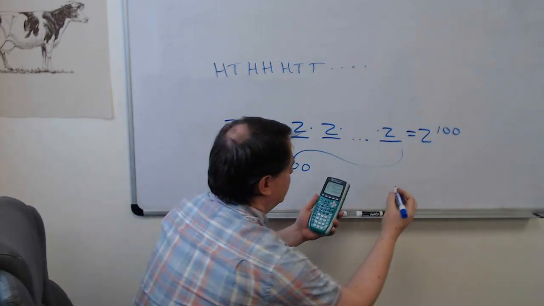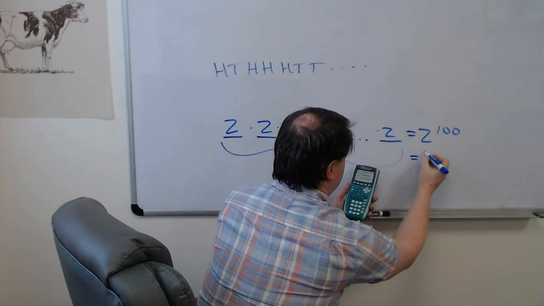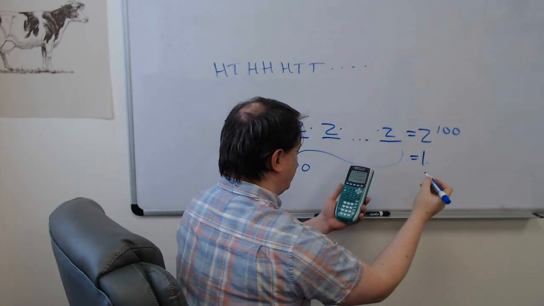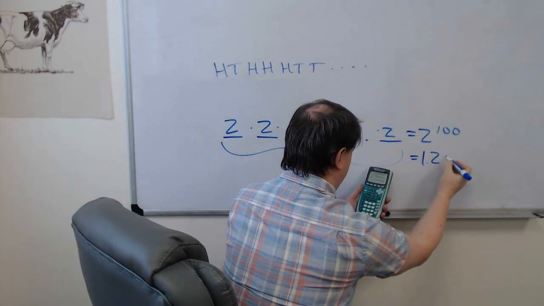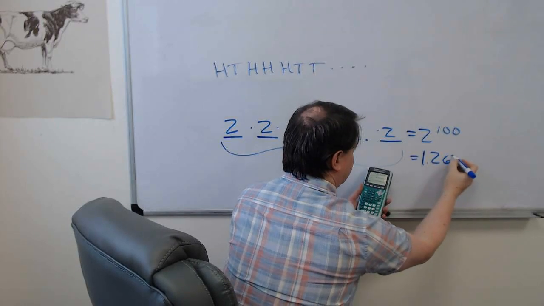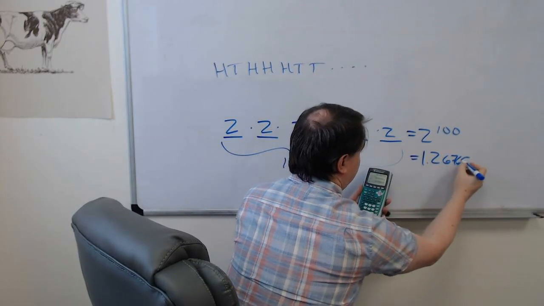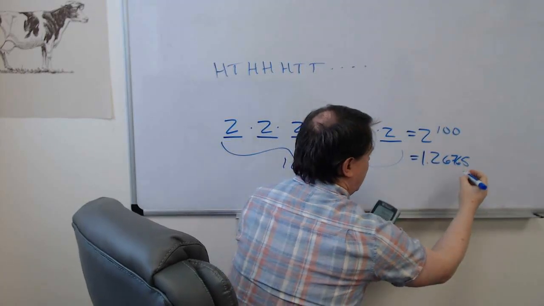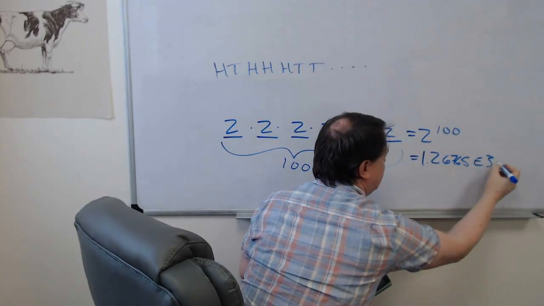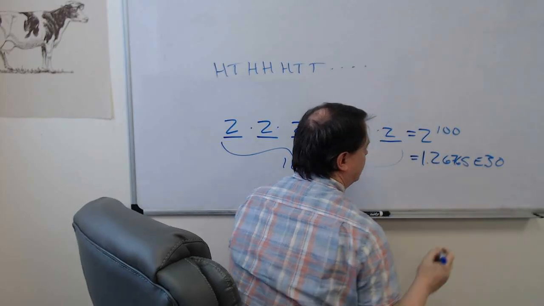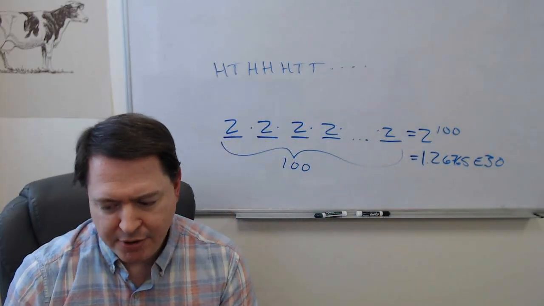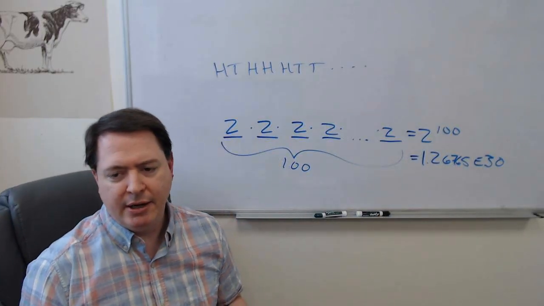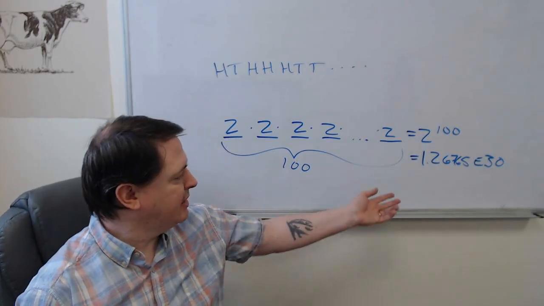Pretty darn close, though. So if you put this in your calculator, you should get something that looks like 1.26765, and so on. And then you'll get something that looks like E30. So whether you're using a TI or a Casio or something like that, it doesn't really matter.